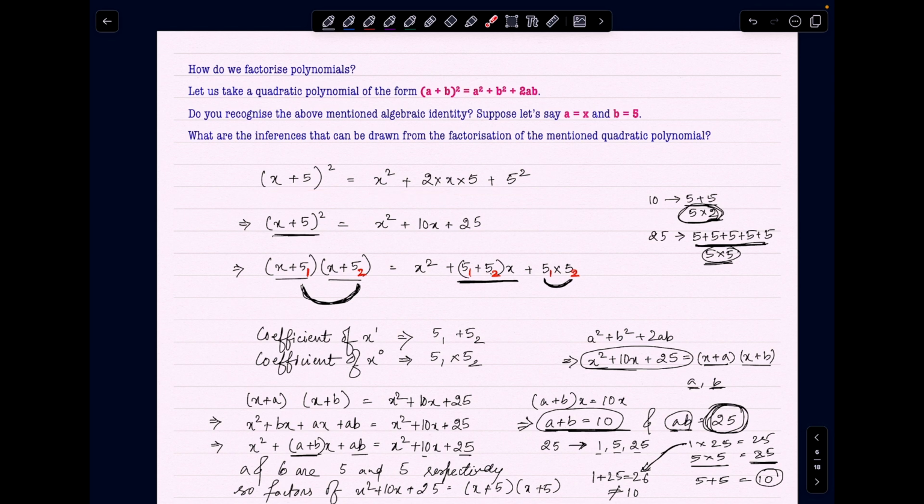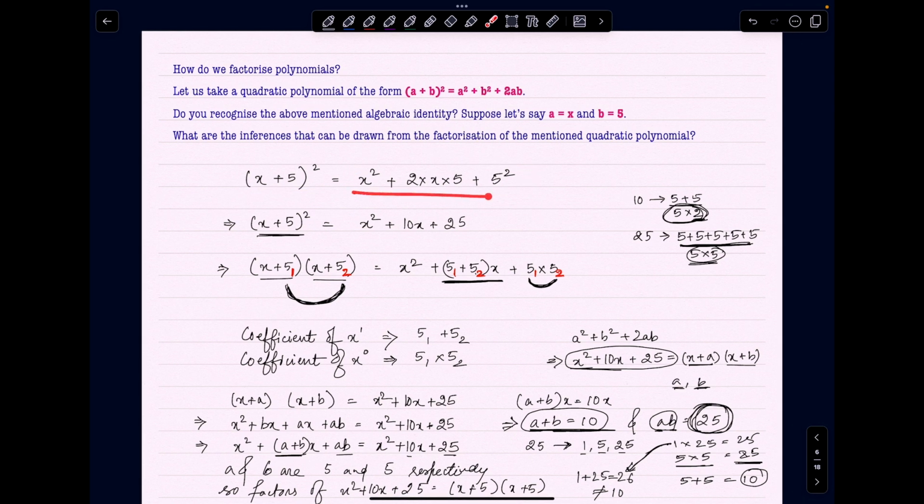But when we do not know the polynomial's value, we go backwards: from this identity we have to find the factors.